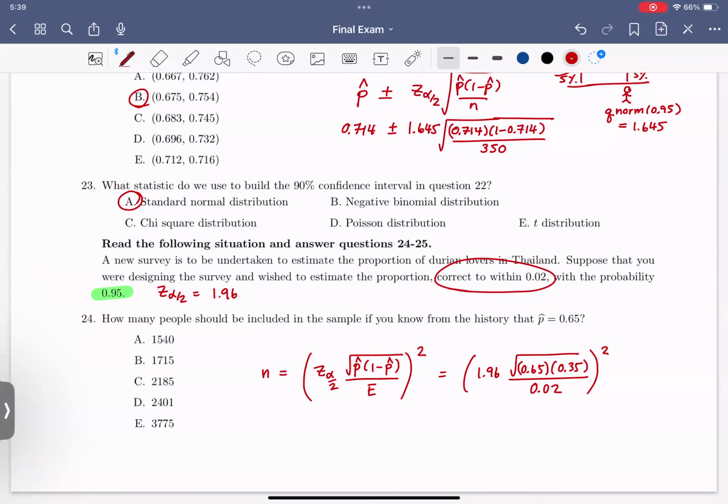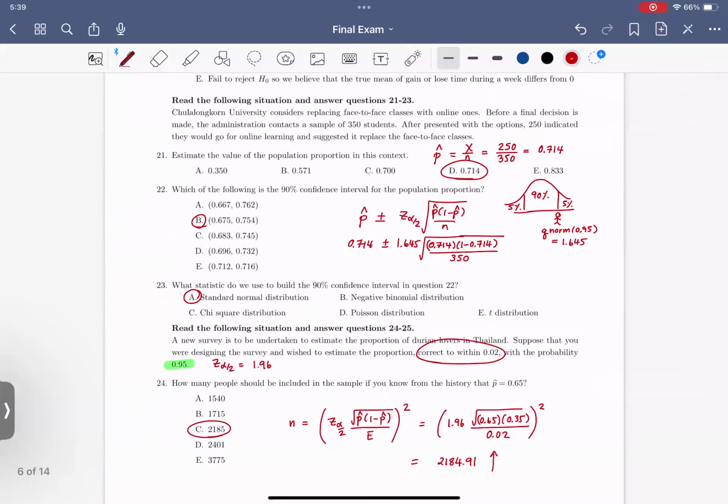You're gonna get the number over there, and then you square it. So the number is 2184.91. If you round it up, it's gonna be choice C, which is 2,185. All right, next one.